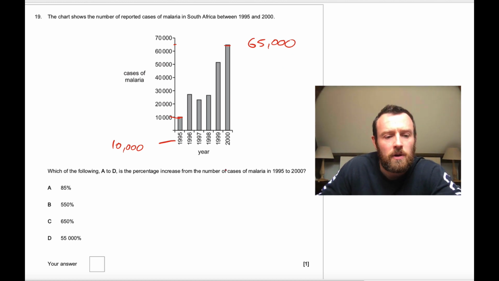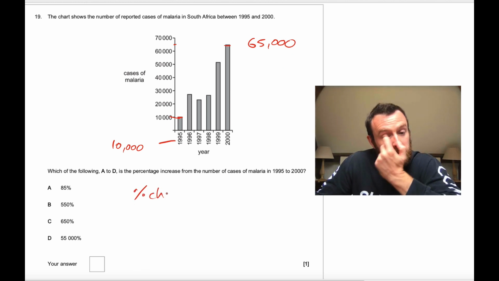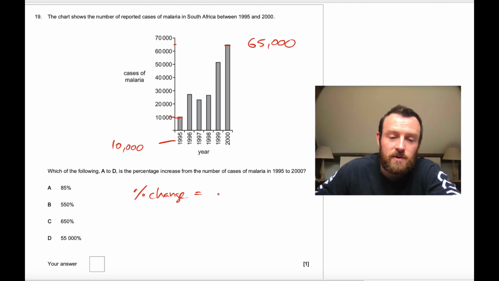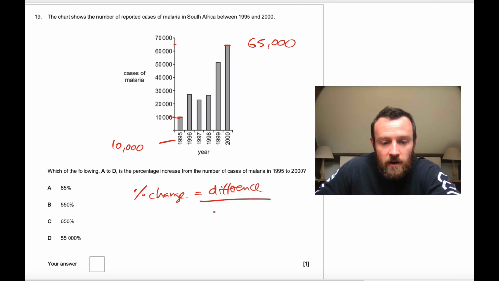Okay, so first of all, what is percentage change? It equals the difference, or the change, over the original starting value times 100 to make it percent. So the difference from 10 to 65 is 55,000 over the original, which is 10,000 times 100%.